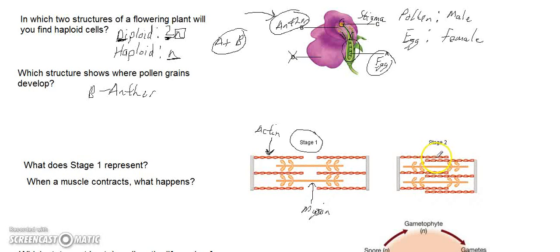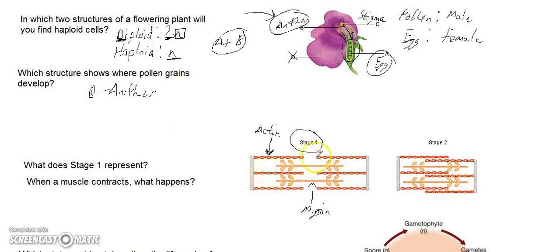And remember, when a muscle contracts, it gets shorter. So if a muscle is fully contracted, it's a lot shorter than when it's at rest. And that's how you can tell if a muscle is relaxed or contracted. The relaxed muscle will be longer, and the contracted muscle will be shorter.